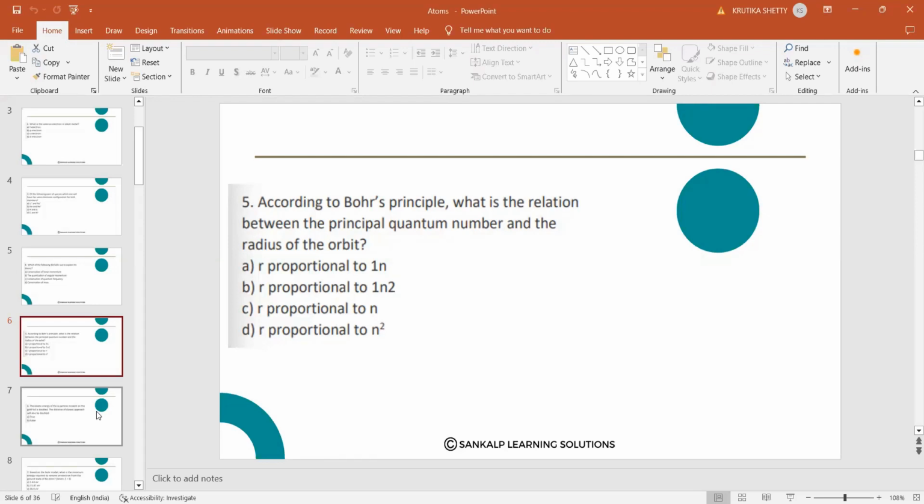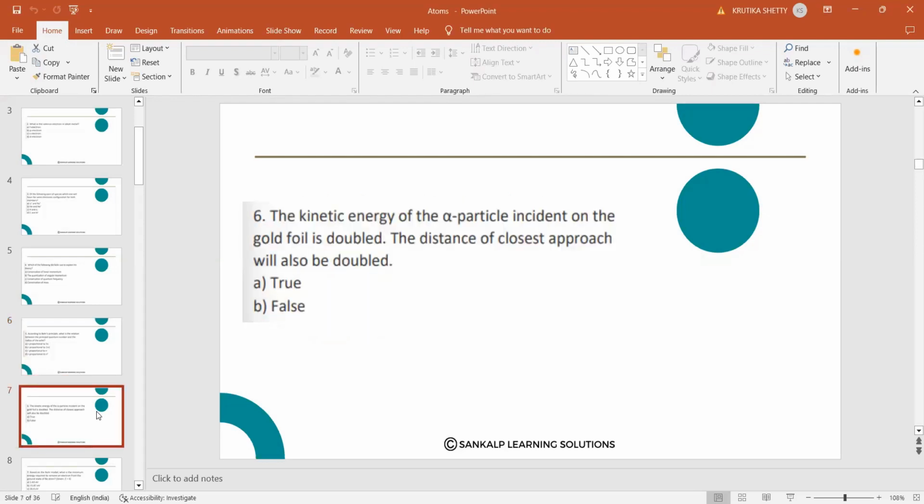Then the next question. The kinetic energy of the alpha particle incident on the gold foil is doubled. The distance of closest approach will be doubled. So the statement is true or false. So what is the question here? The kinetic energy of the alpha particle incident on the gold foil is doubled. So when kinetic energy is doubled, they are saying the distance of closest approach will also be doubled.